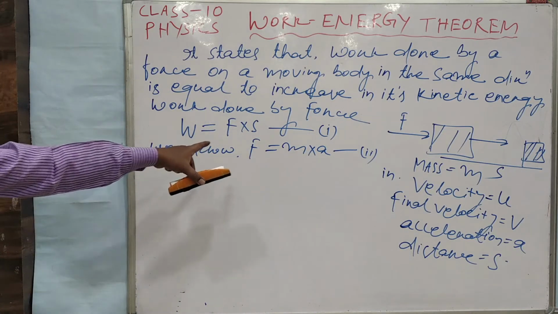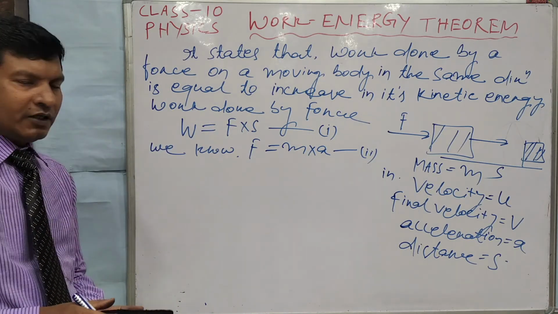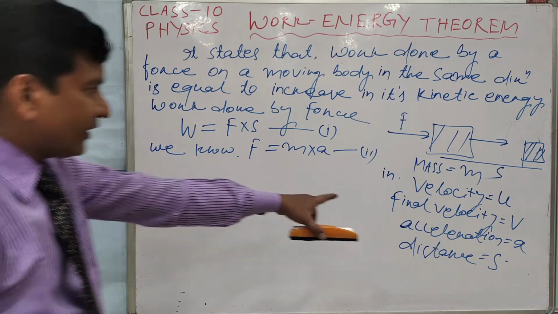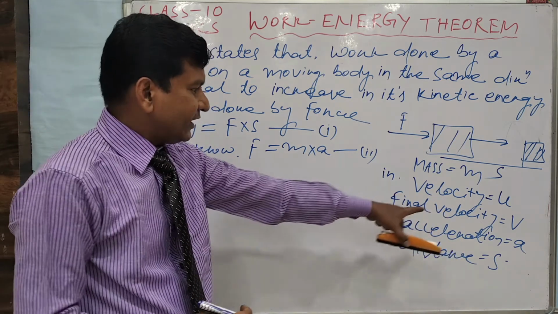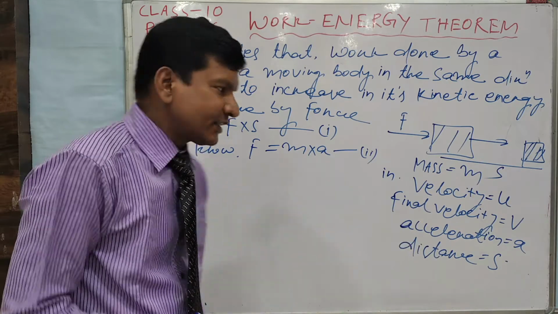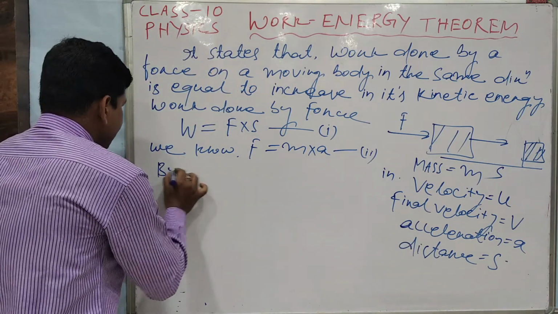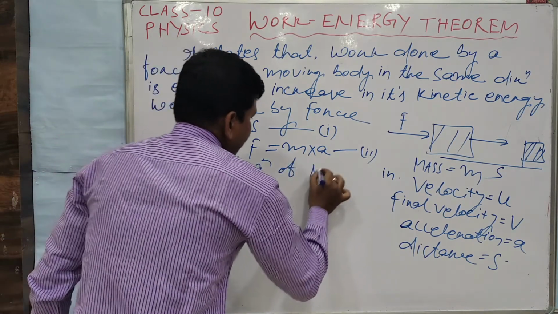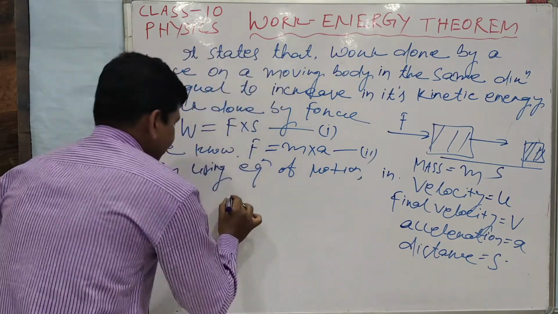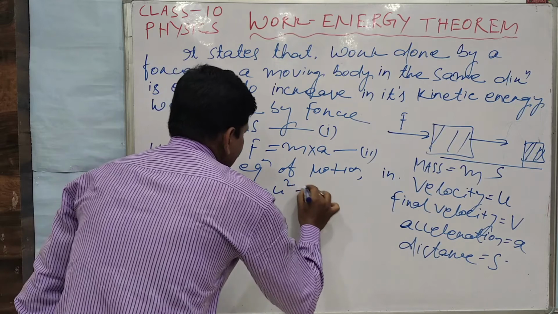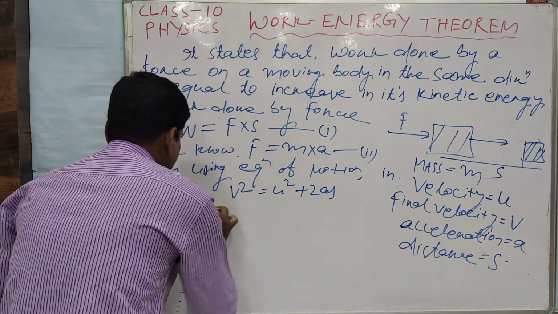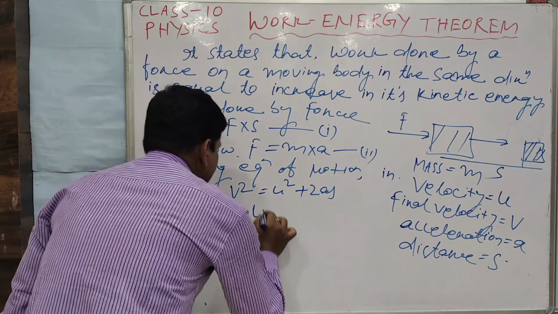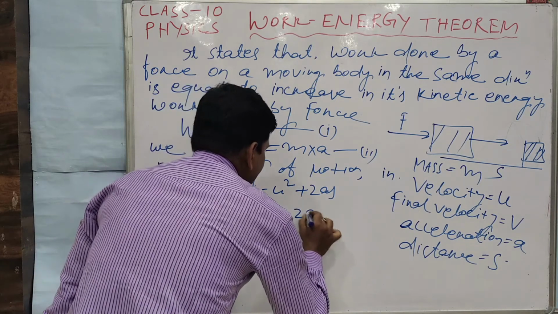Again I will find the value of S from the equation of motion. Initial velocity u is given, final velocity v is given, acceleration a is given, and we need to find S. By the equation of motion, v square is equal to u square plus 2as.